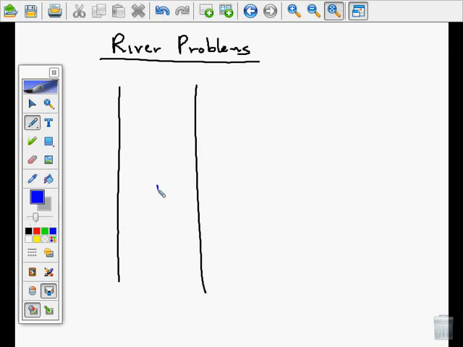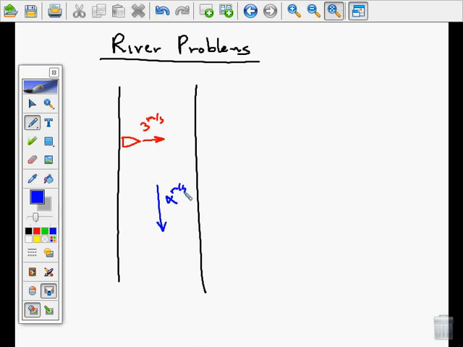One where the river is flowing this way, and you have some sort of boat or something, and it's headed straight across. And let's say it's headed straight across at 3 meters per second, and the river velocity is 4 meters per second.